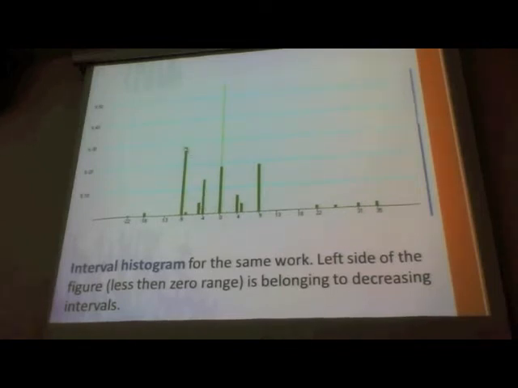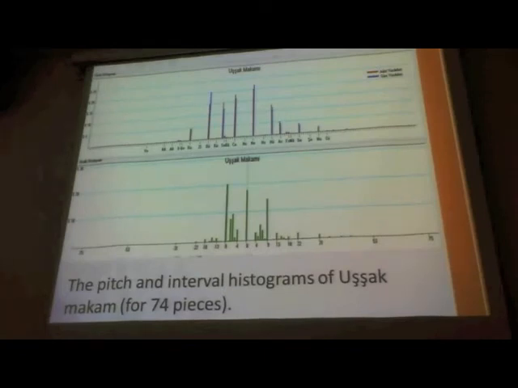Look at this, for example, the higher one, according to the figure, about 28% of intervals are decreasing, major second minus 9 commas, and for example this one, 7% are increasing, small half tone or comma, or bakiye in traditional name. And these are the pitch and interval histograms of Uşak makam for 74 cases in the database.